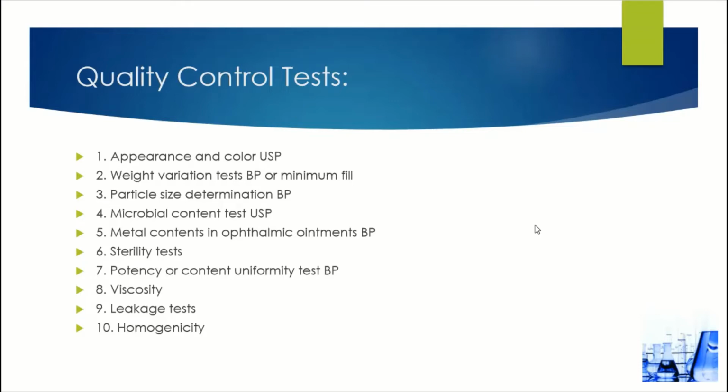Then particle size determination according to the BP standards, microbial content test according to the USP standard, metal content in ophthalmic ointment according to the BP standard, and sterility test. The 7th test is the potency or content uniformity test. The content and the weight filled in each tube should be uniform. Then the viscosity test: the viscosity of the medicament in each tube should be the same. Then the leakage test and the homogeneity test.